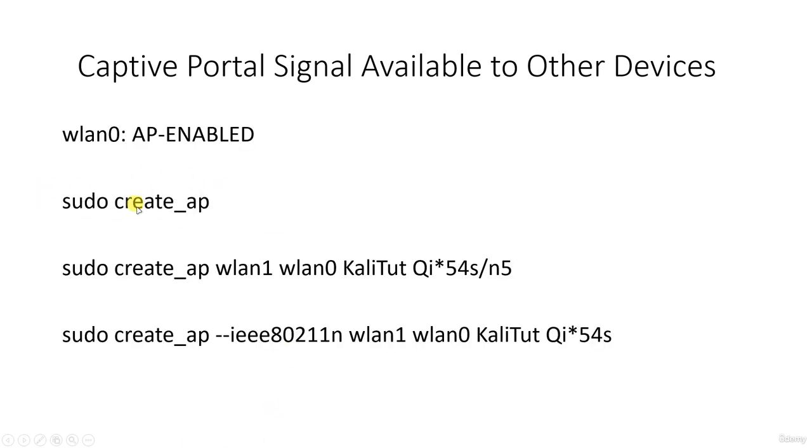So now you use a command to create a password protected API: sudo create API. For example, in order for my API to have a password, this is the password. I use this command as previously told. This is my name, Kali tutorial.